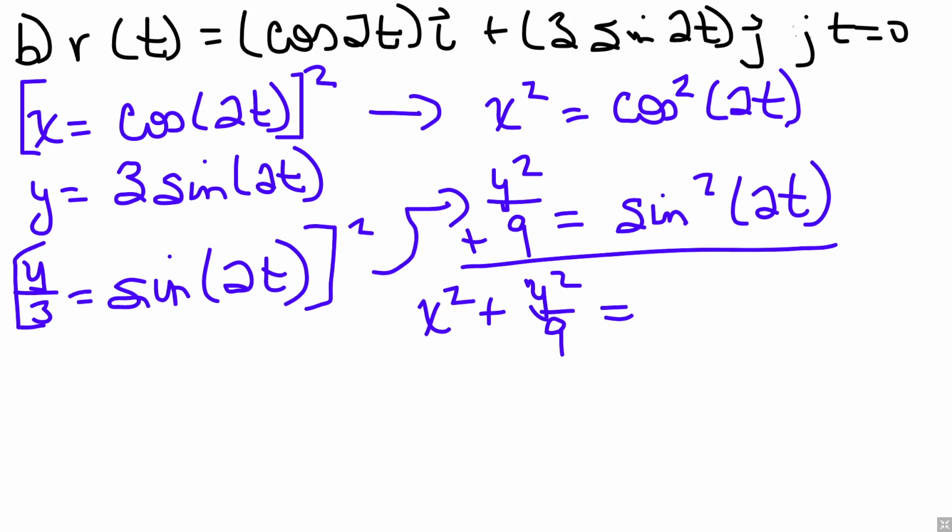That's equal to cosine squared of 2t plus sine squared of 2t, which is just going to give us 1. So there's our equation. Any questions?